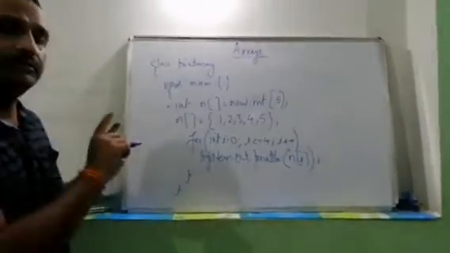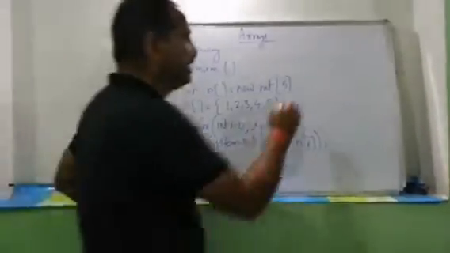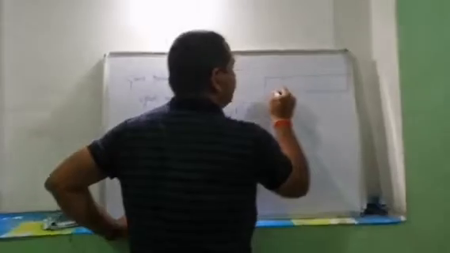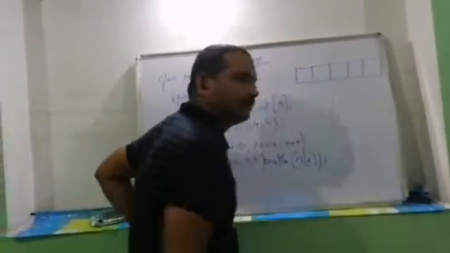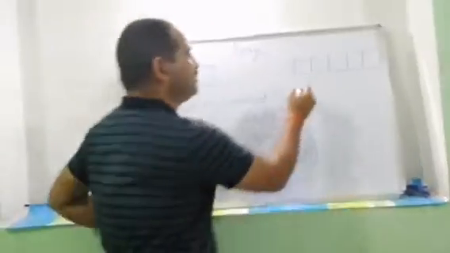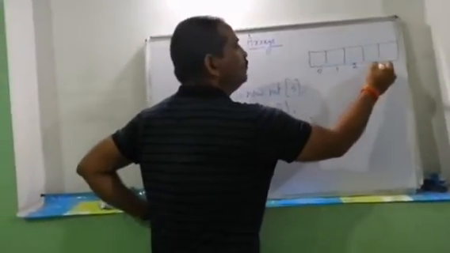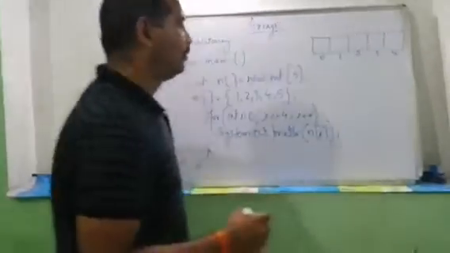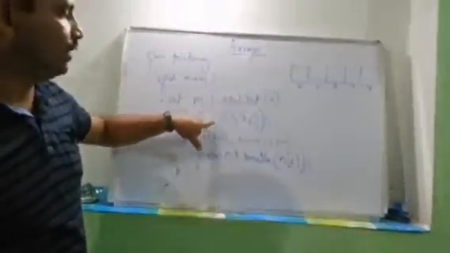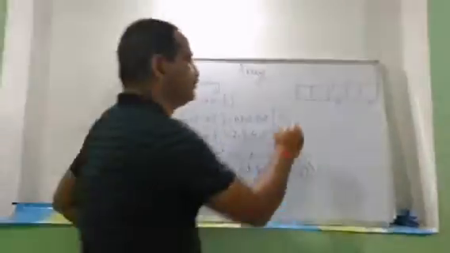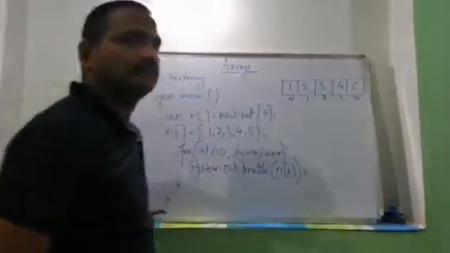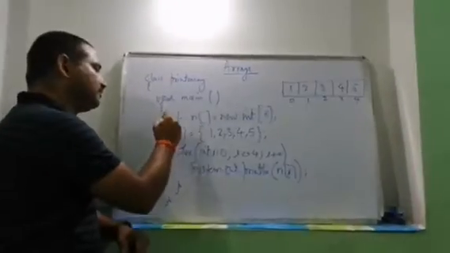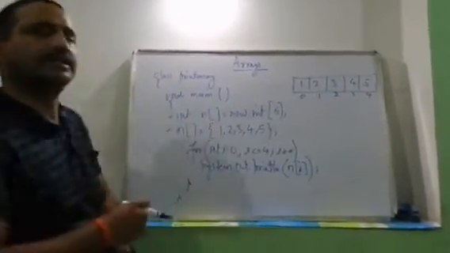I have told you, when we declare any variable in the memory, it will create blocks 1, 2, 3, 4, 5. Index values will be 0, 1, 2, 3, 4. What are the values stored? 1, 2, 3, 4, 5. So these values will be stored in these positions after this declaration and initialization.